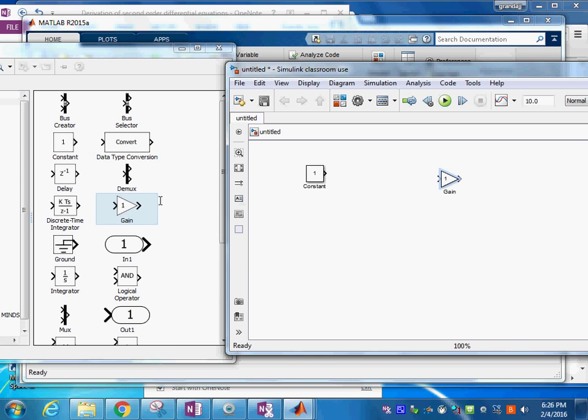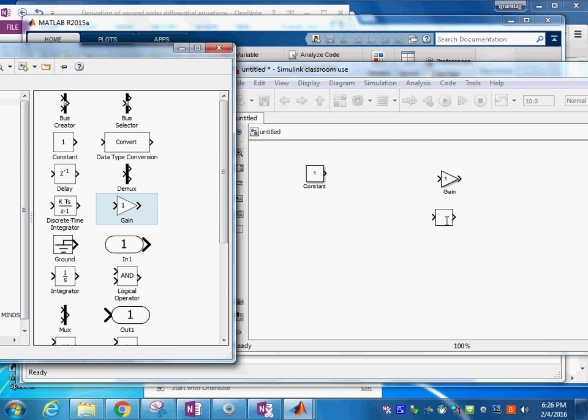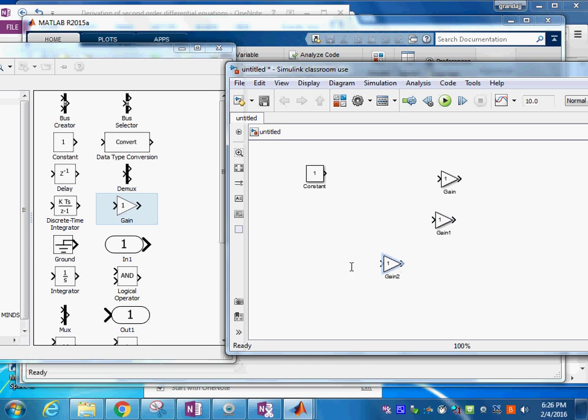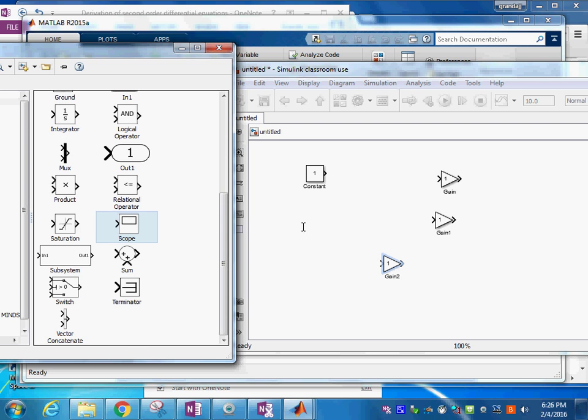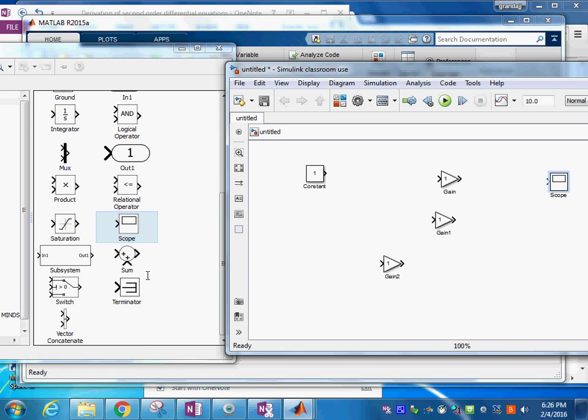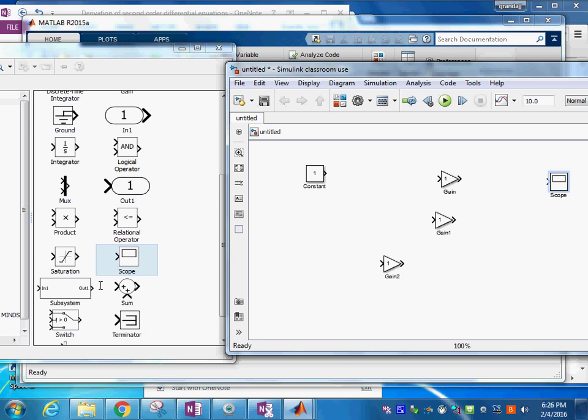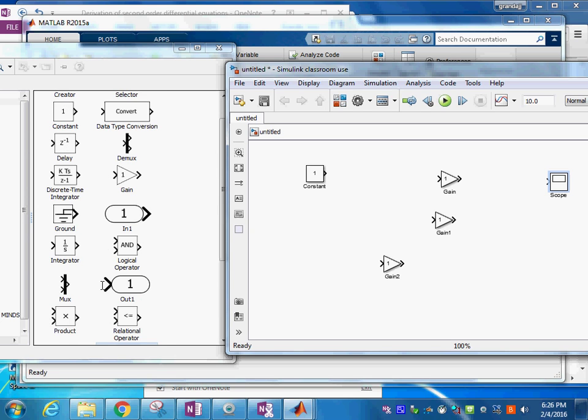We need like 3 of these. Okay, so we still need some others from here. We need a scope. The scope allows us to measure things.